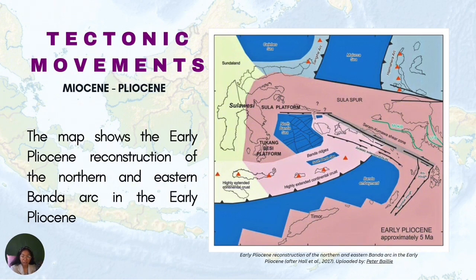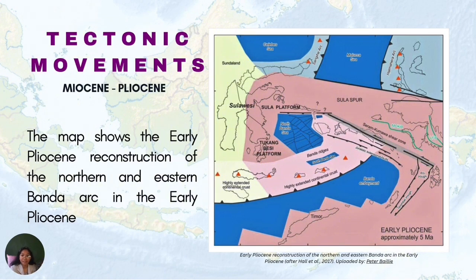And as the Australian plate continued to push northward, parts of the arc were pulled apart, reshaping the arc into its present-day curved geometry. Also, this stretching set the stage for the formation of deep basins and contributed to ongoing crustal thinning in eastern Indonesia.